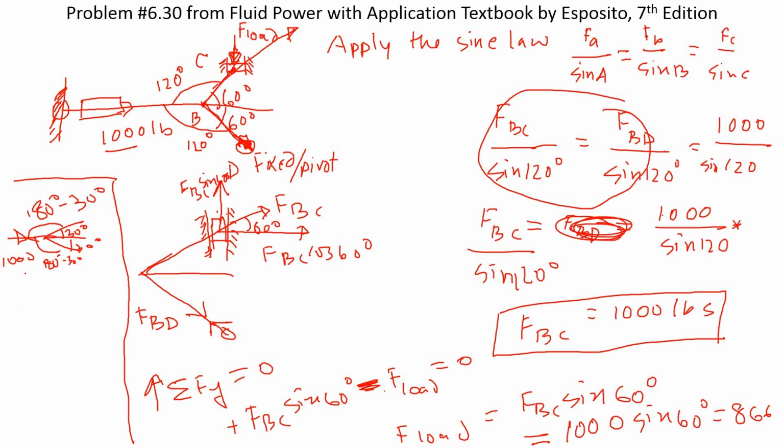By the sine law, F_BC divided by the sine of the opposite angle, sine of 180 minus 30, is equal to 1,000 pounds divided by the sine of the opposite angle, 60 degrees. Sine 180 minus 30 is sine 30. So F_BC would be 1,000 pounds times sine 30 divided by sine 60.